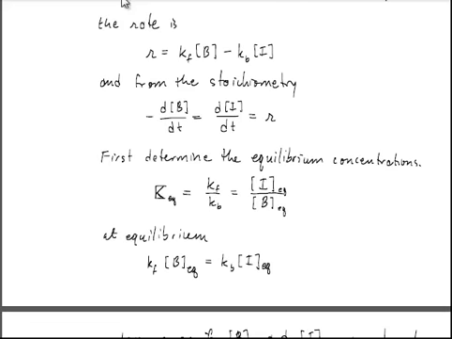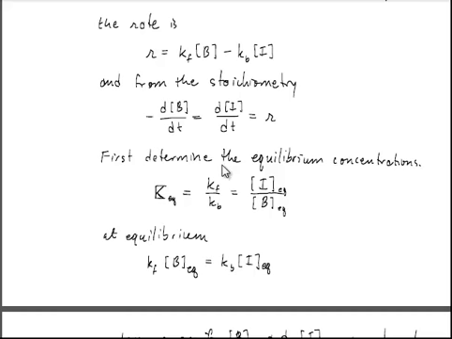So the net rate, considering both forward and backward reactions, is K forward times 1-butene minus K backwards times isobutene. From the stoichiometry, we know that that rate expression must be equal to the negative of the change in concentration of the 1-butene and the positive of the change in concentration of isobutene.